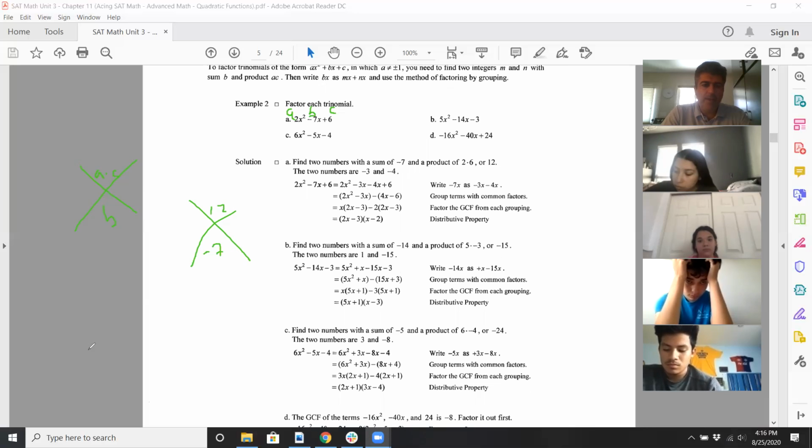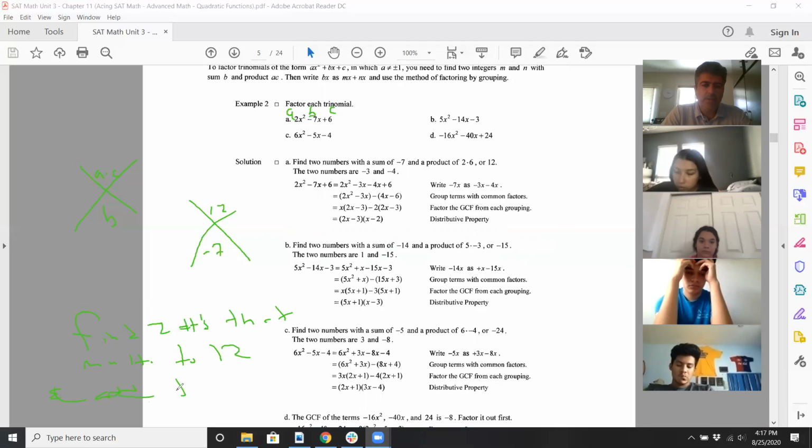And your job is to find two numbers that multiply to 12 and add to -7. That's our job here. So what's multiplying to 12 and adding to -7? You kind of go through a few possibilities, but -3, -4 would be it.